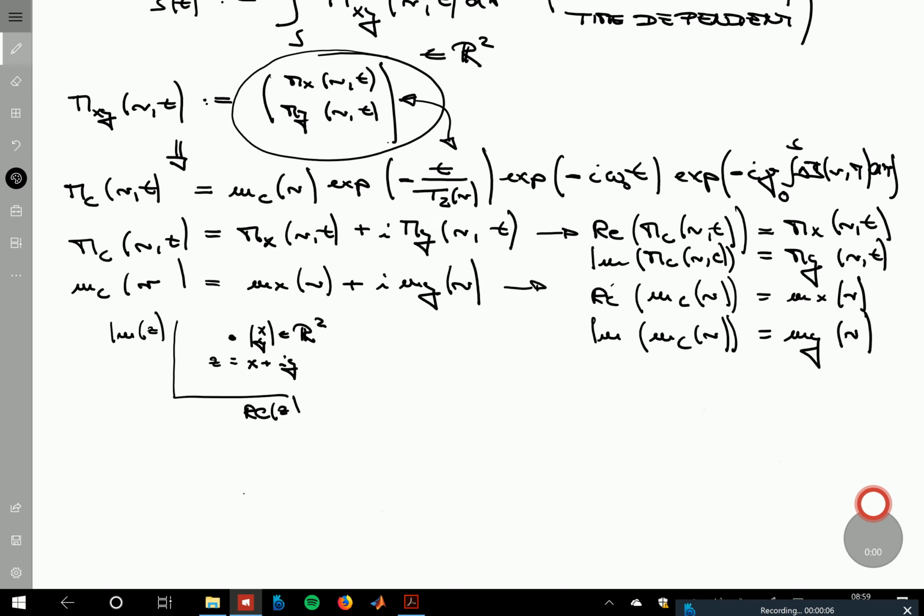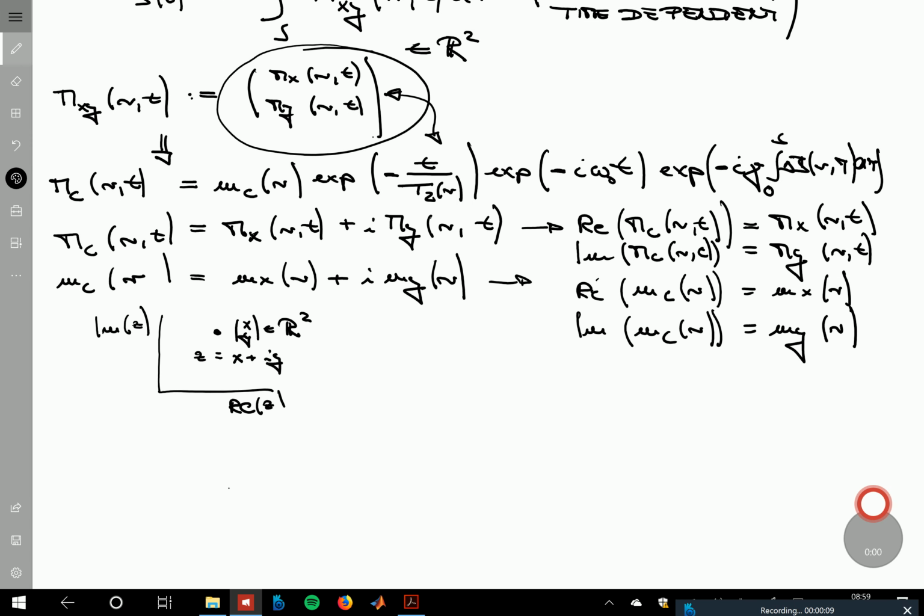Okay, so we now would like to look at this equivalence between our previous cosine-sine form of the transverse magnetization dynamics and the equivalent form in terms of complex exponentials.